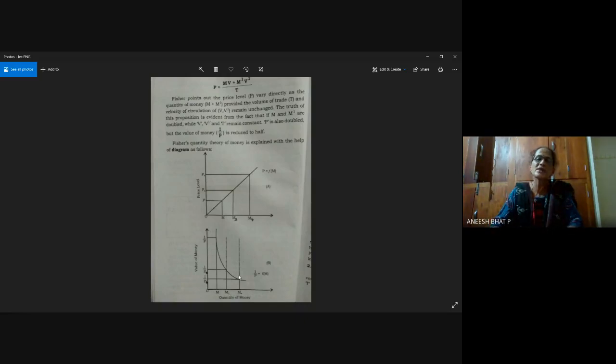But the Cambridge economists developed the cash balance approach or Cambridge equations. These equations discarded, or they gave up, Fisher's equation because it has its own limitations.